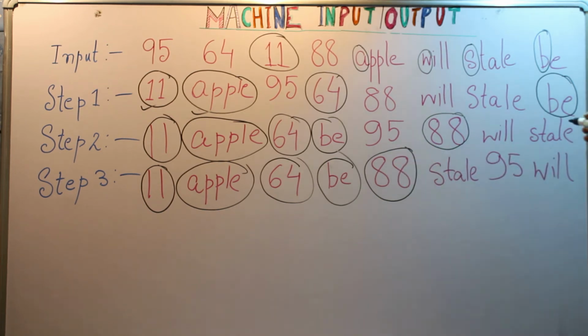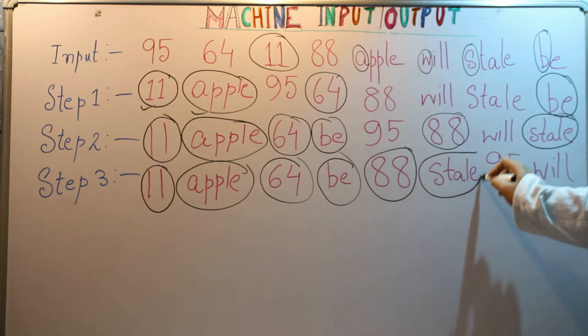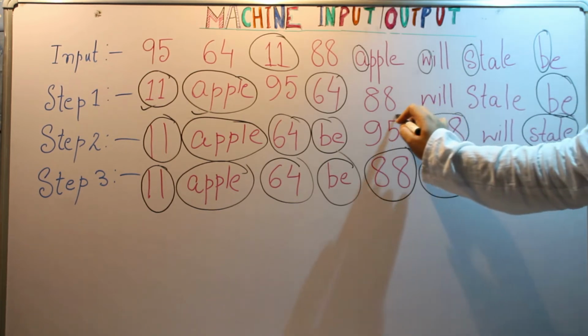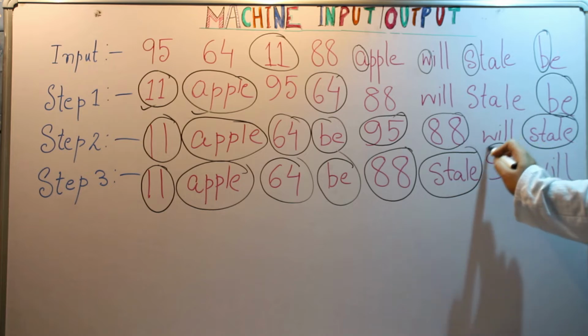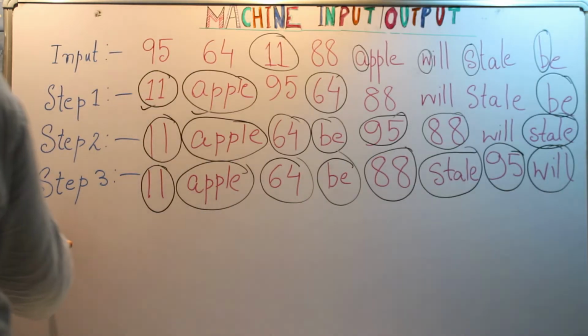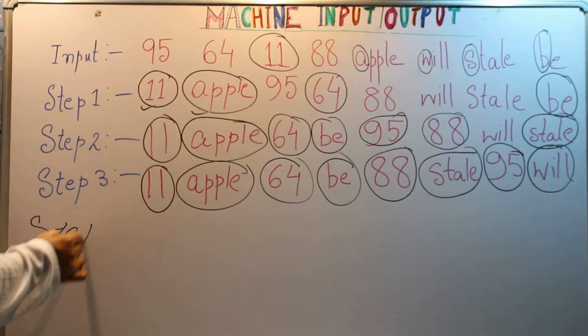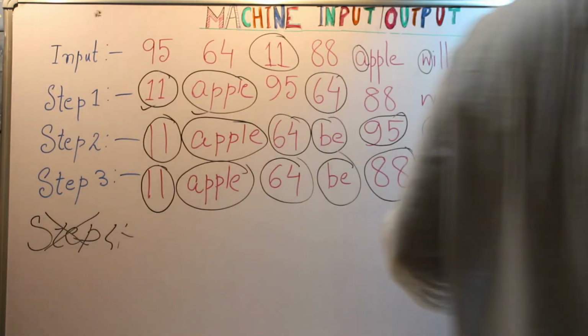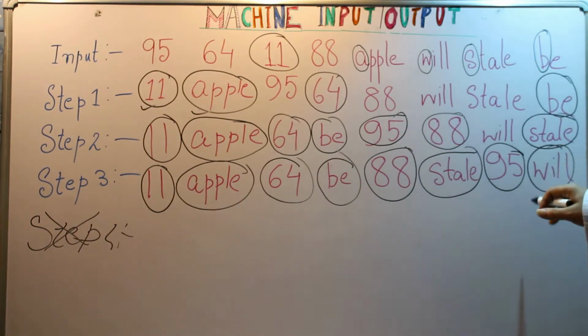Okay, and the word still has been used because S comes before W. Okay, and so with 95 and will, there is no requirement of step 4 because 95 and will have already been placed in step 3 without any proceedings further.